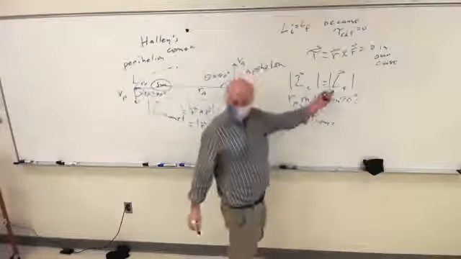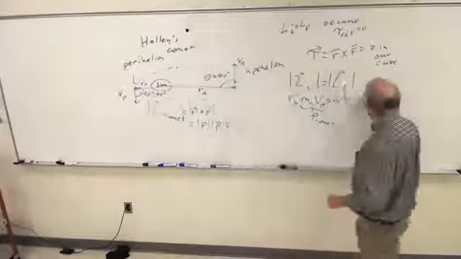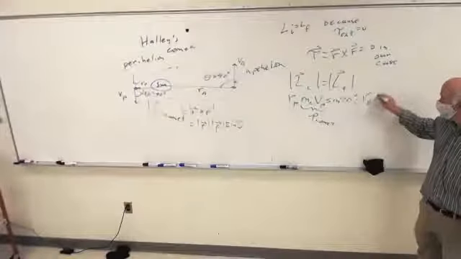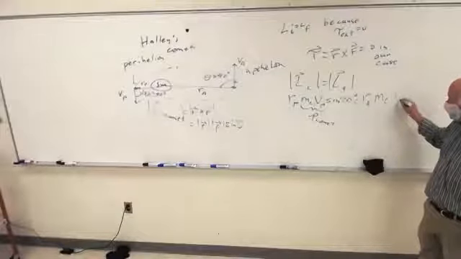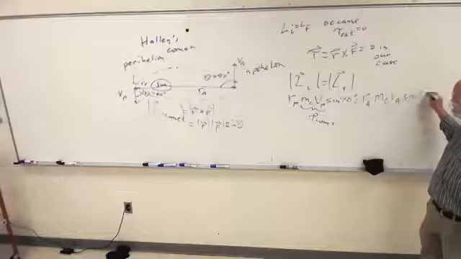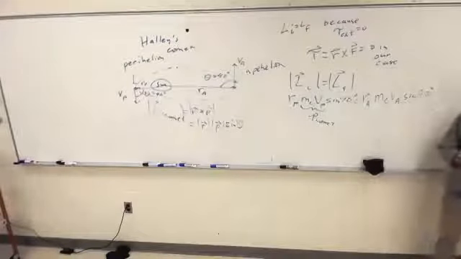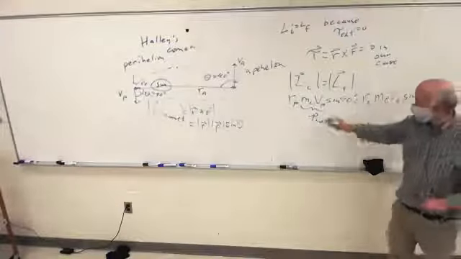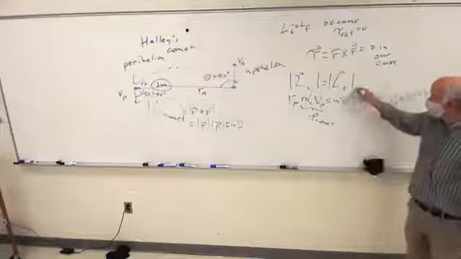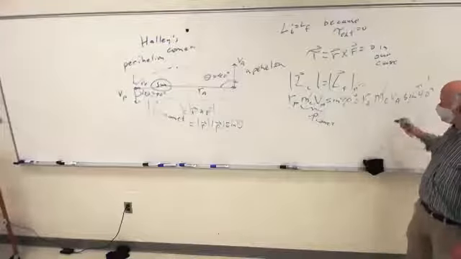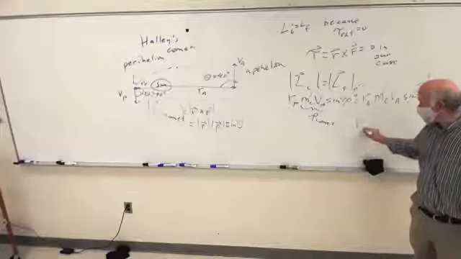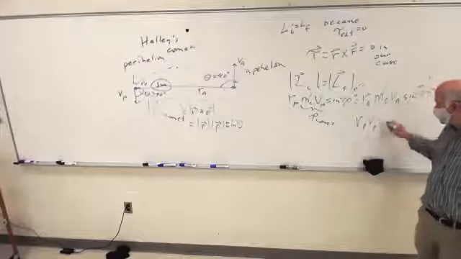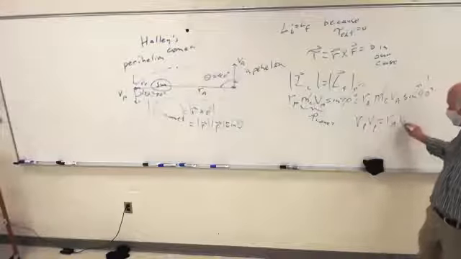Equals, and we do the same thing at the aphelion. So this is R sub A, M sub C, V sub A, sine of 90. Does it matter what the comet's mass is? It cancels. The sine of 90 is 1. So what are you left with? You're left with R_P V_P equals R_A V_A.